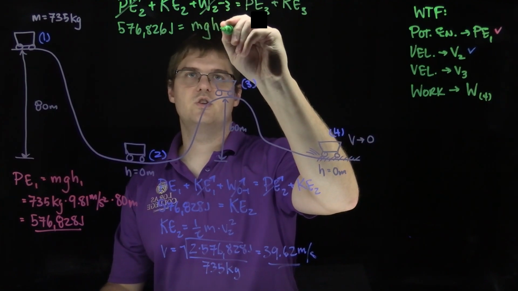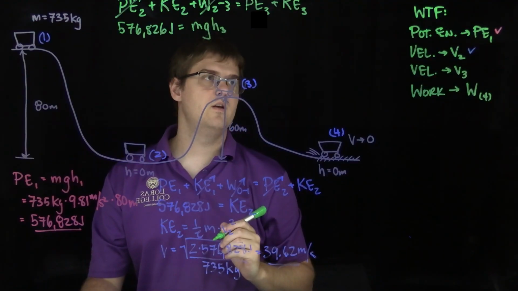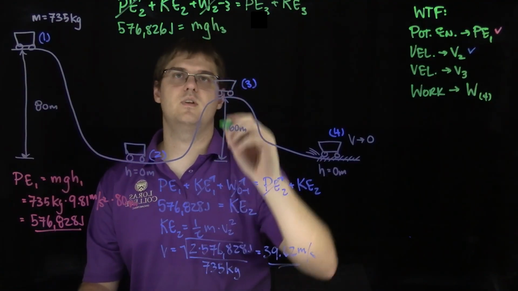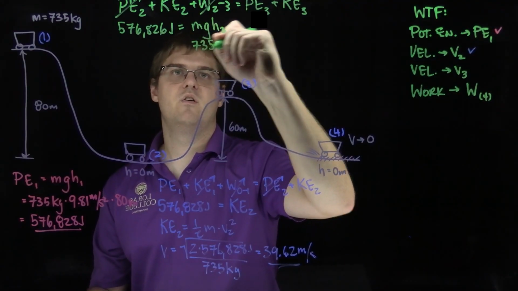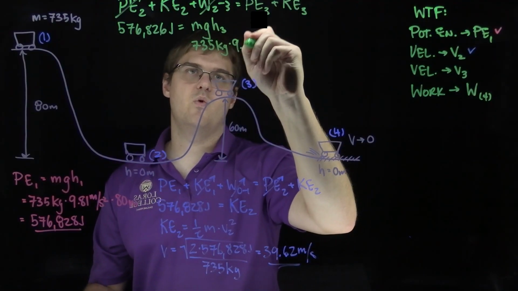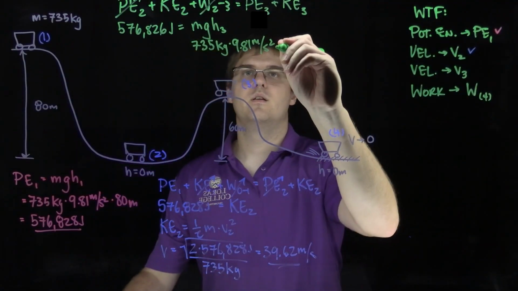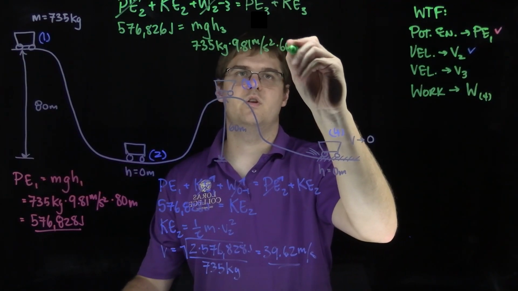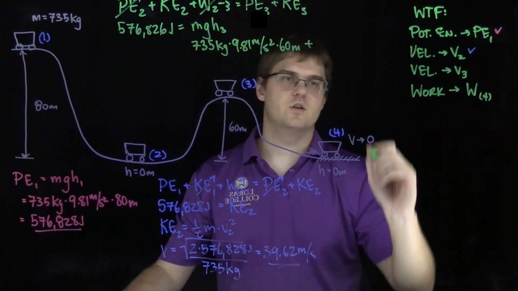mgh at 3, while height at 3 is going to be 60 meters, so this is 735 kilograms times 9.81 meters per second squared times 60 meters plus kinetic energy at 3.